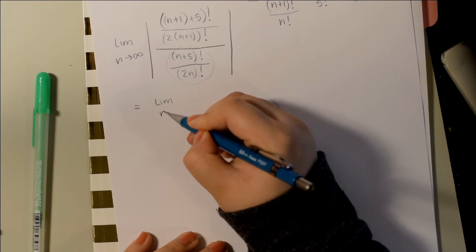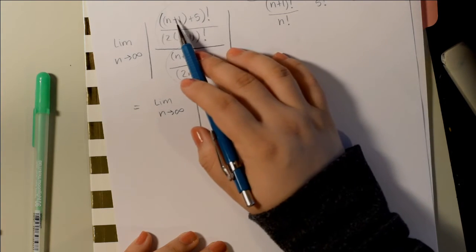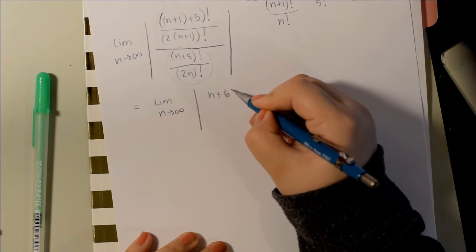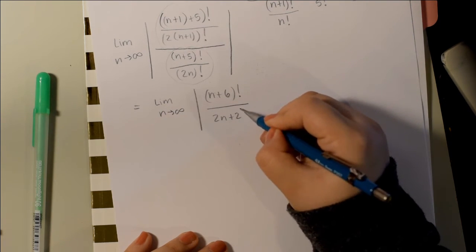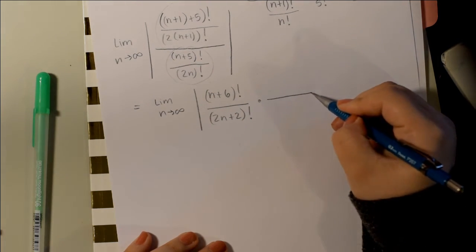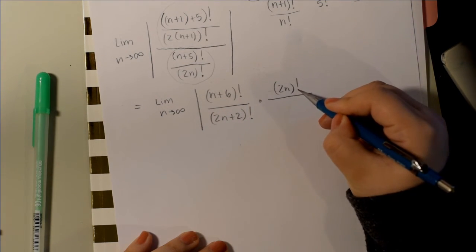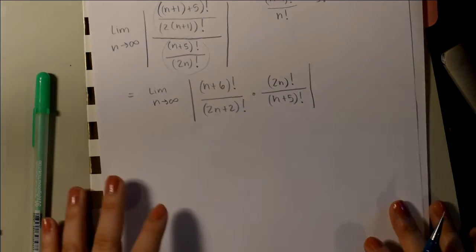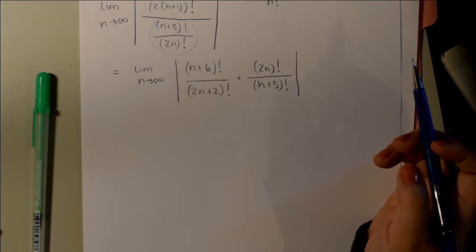So the limit as n approaches infinity of this thingy, so n plus 1 plus 5, we can just get rid of those parentheses, so just n plus 6 factorial over 2n plus 2 factorial, just distributing that 2, times, and then flipping this bottom, so 2n factorial over n plus 5 factorial. Okay, cool. So now this is where a bunch of things can cancel, I think, right?